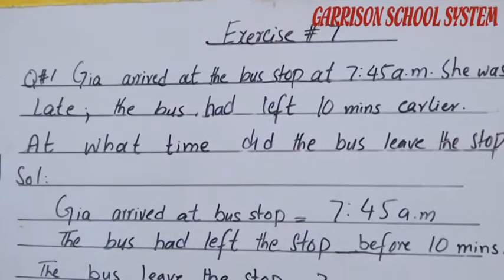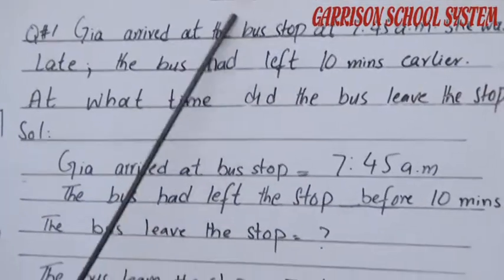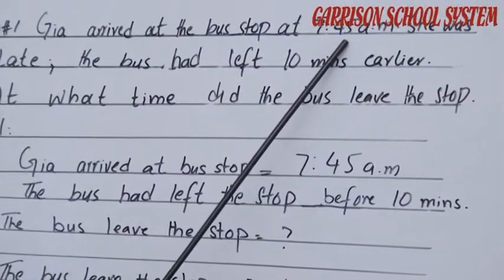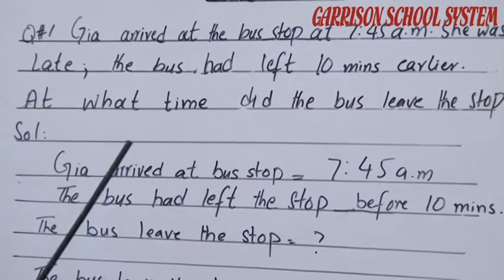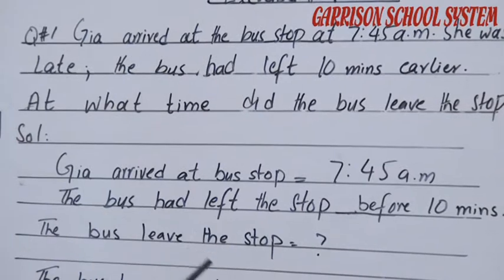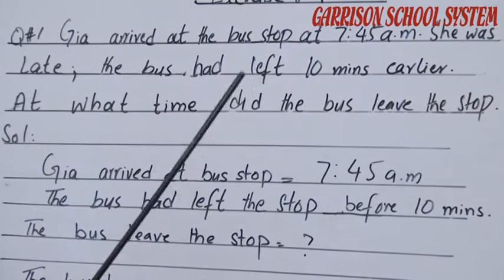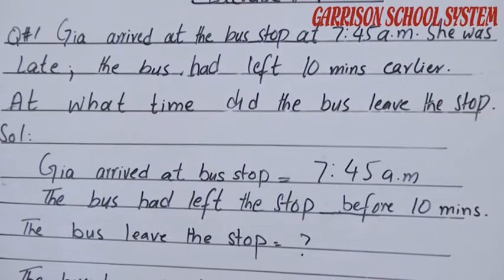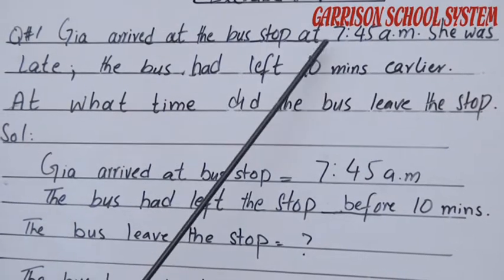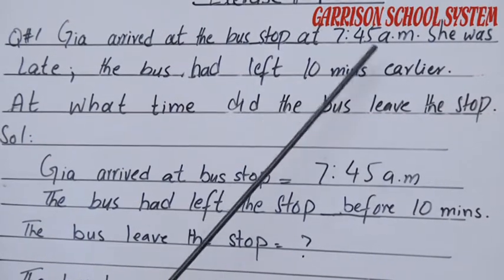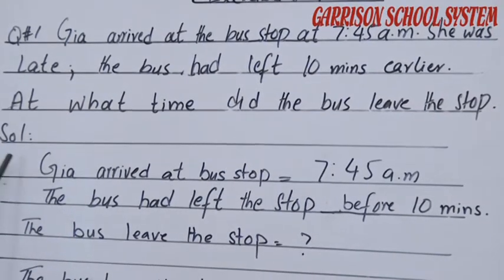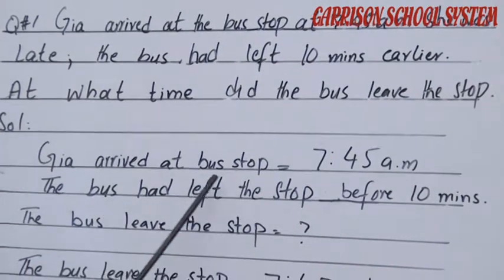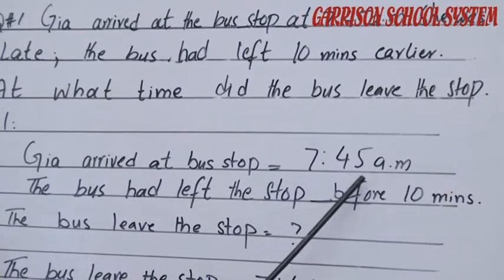Here, Jia arrived at the bus stop at 7:45 am and she was late. The bus had left the stop 10 minutes before. So, the solution starts. Jia arrived at the bus stop at 7:45 am.